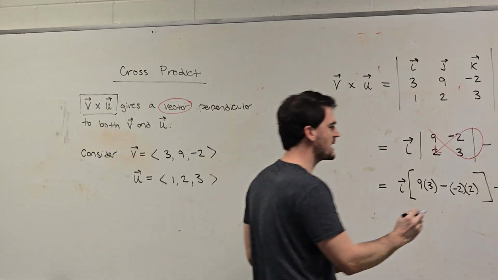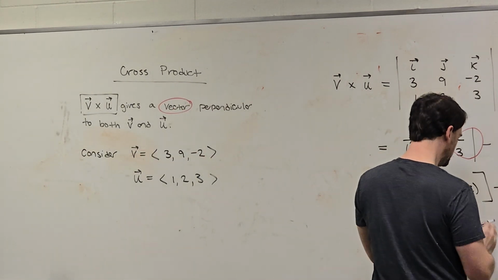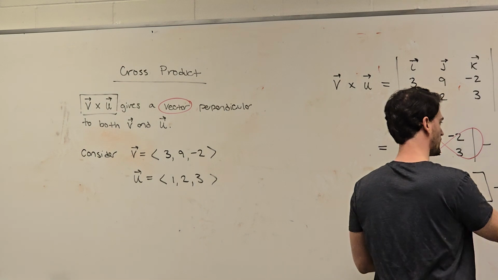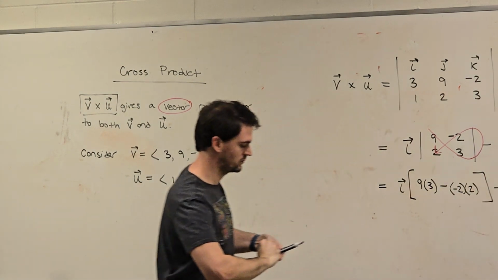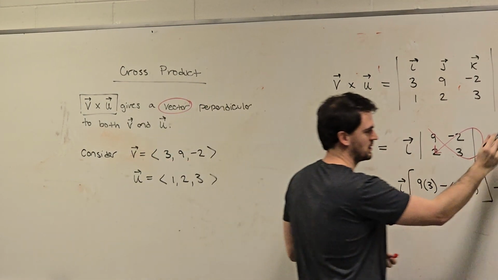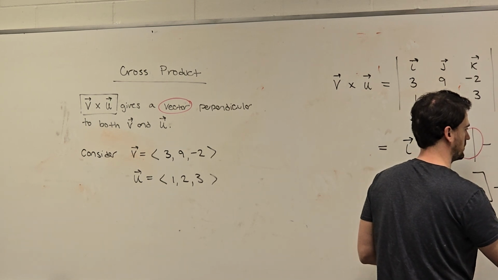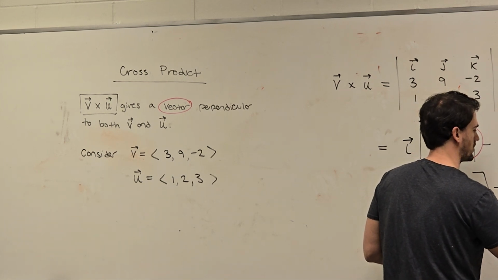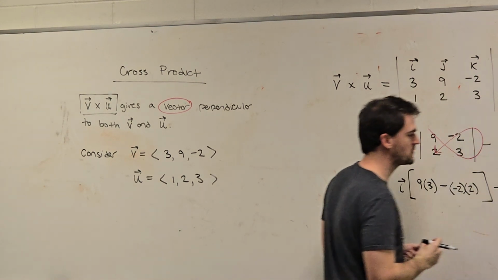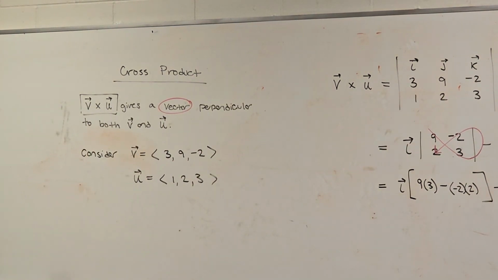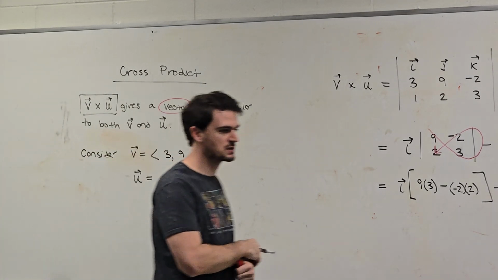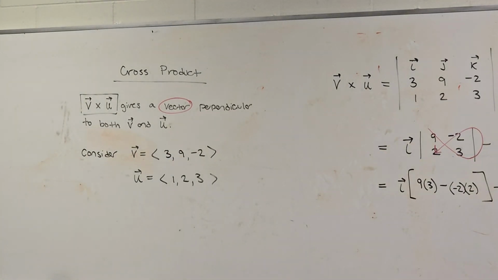Then minus j: I've got 3 times 3 minus negative 2 times 4. I'll give you guys a 30-second head start to practice finding the determinant for that last piece.